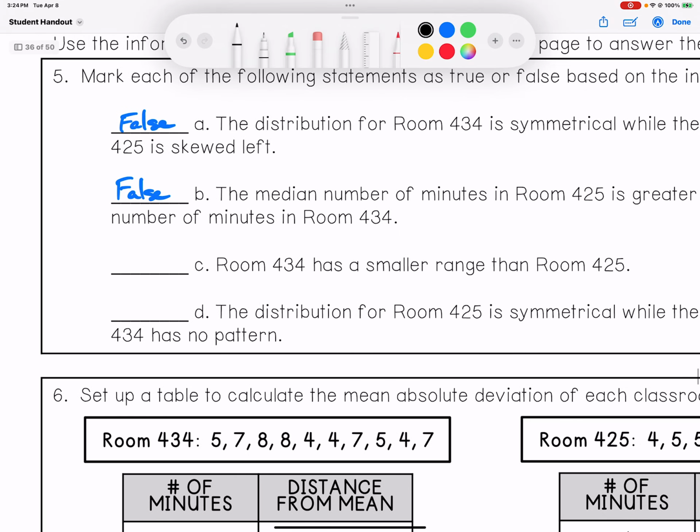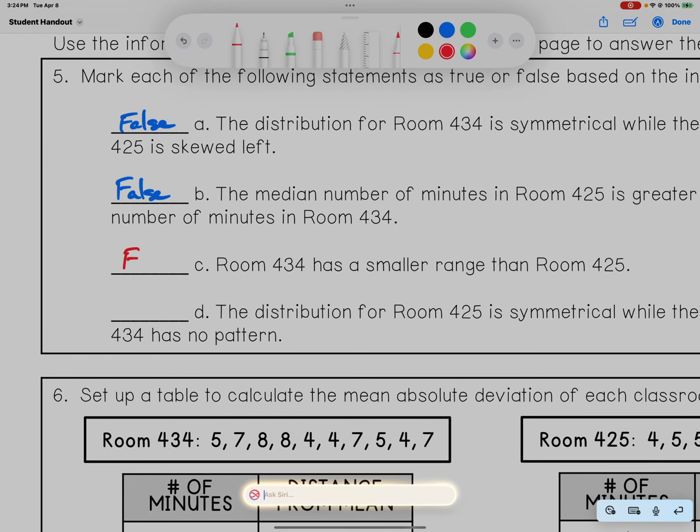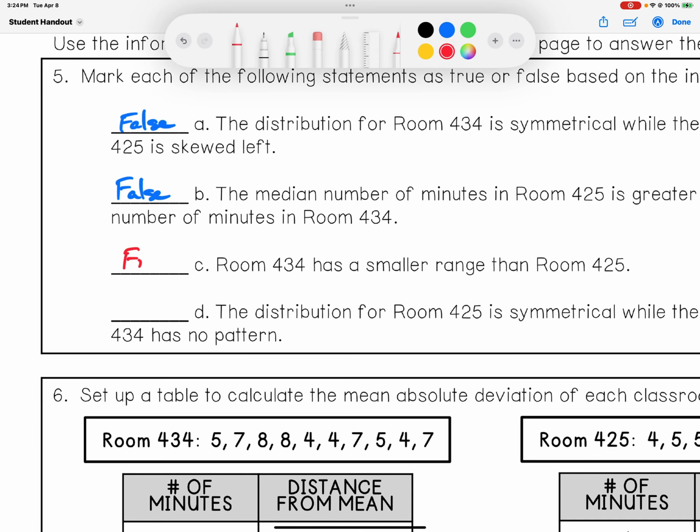So that also is false. The last one. The distribution for 425 is symmetrical while the distribution for 434 has no pattern. We've already talked about that, and that is true.